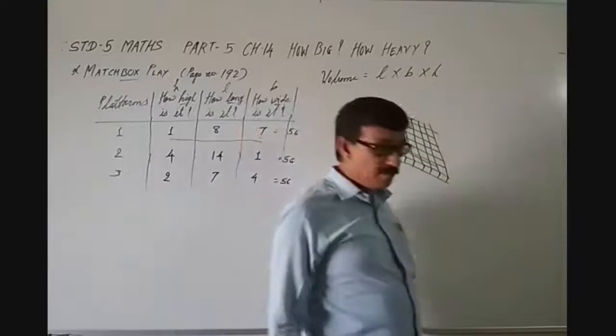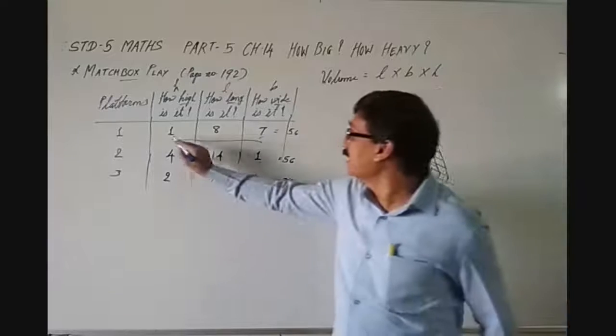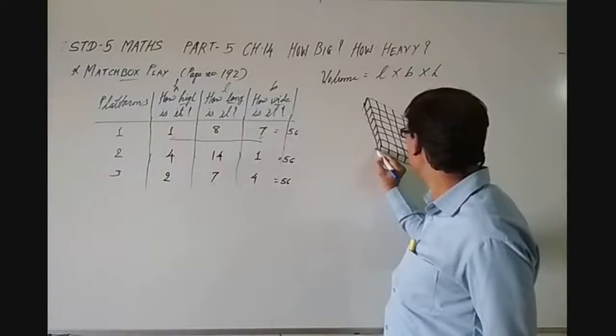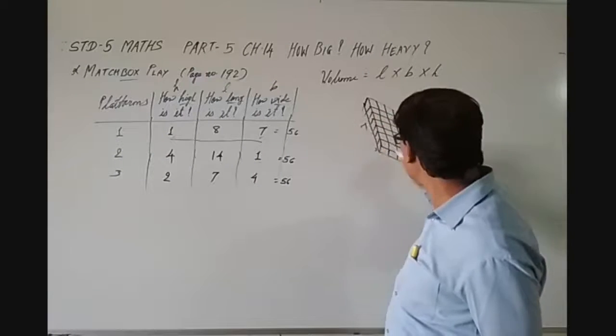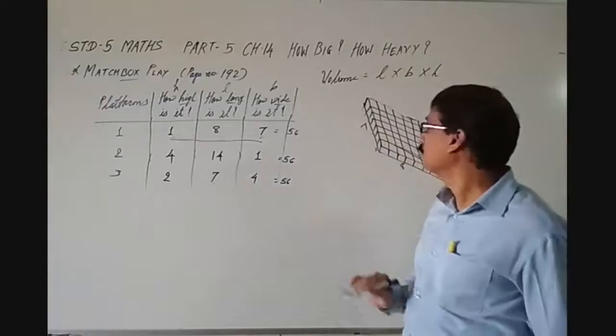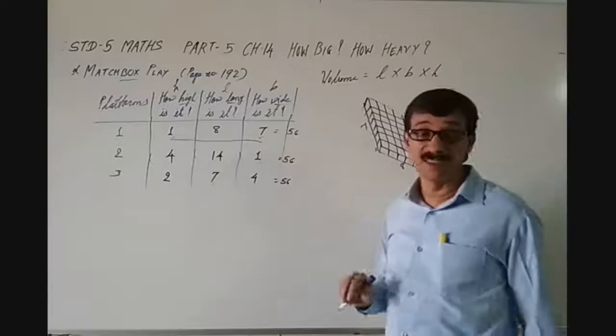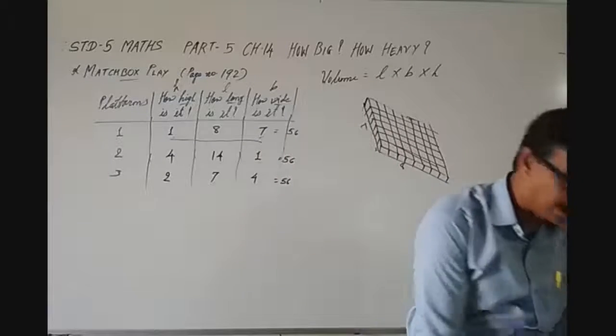So this is the platform, see, you can see the height. This is height. It is 1 this way. Suppose this is the breadth, then this is 7 and this is 8. So this is the deep drawing of the first platform.